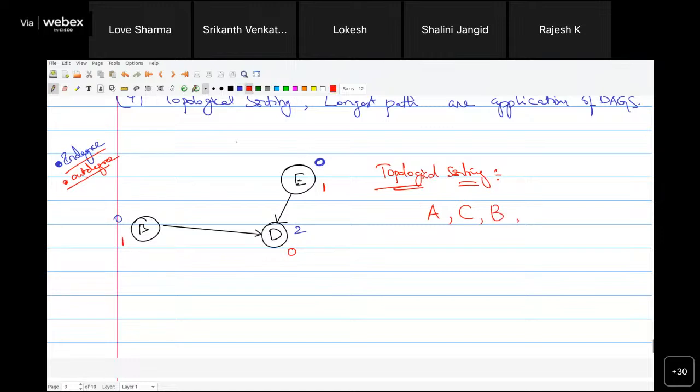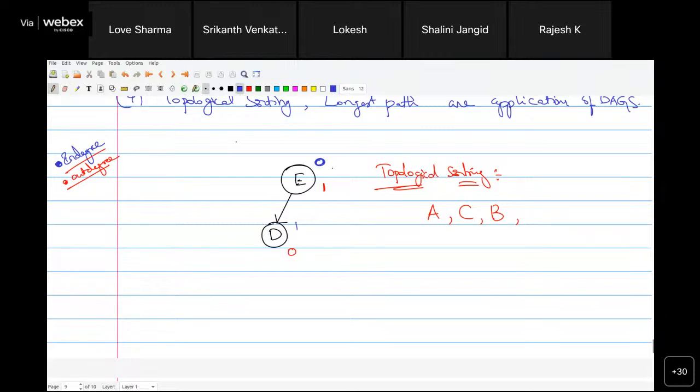So I can add any one of them. As I am following alphabetical order, let me add B. Once I add B, I will remove B and the corresponding edge, and then update the in degrees. So this is how it will be.